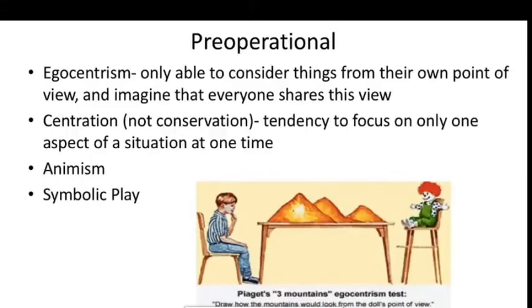So that's animism. We all went through this. All of us talked to the wall, the fan, the door. It's very natural for us to do this at the pre-operational stage. There's no problem with that.